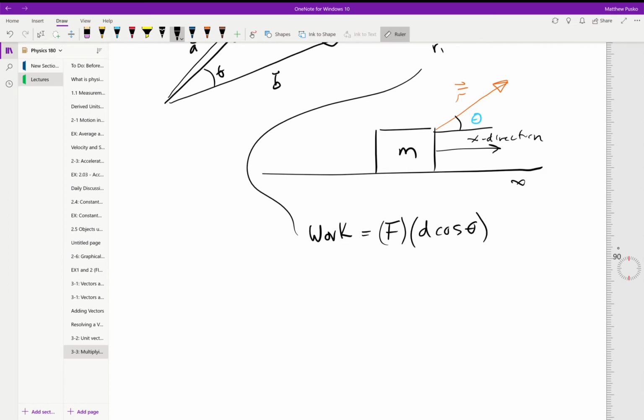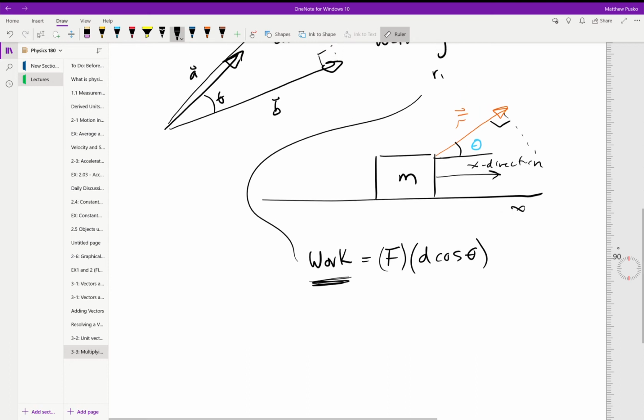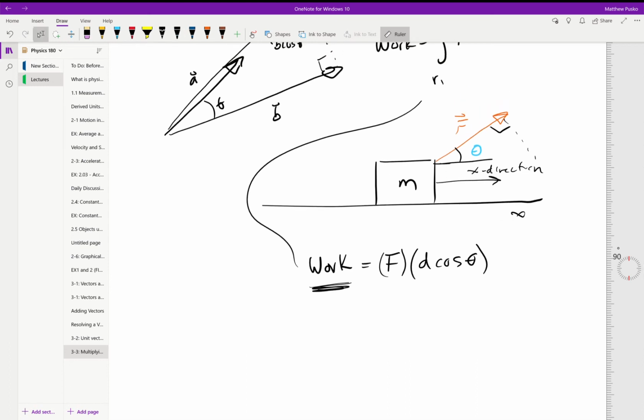And what that's doing is putting the projection of F onto the displacement and gives us a way to multiply it. Basically the effectiveness of the force in that direction times the direction, and we get a scalar quantity back, work. That's my best example I can give you all to understand what the dot product is for.